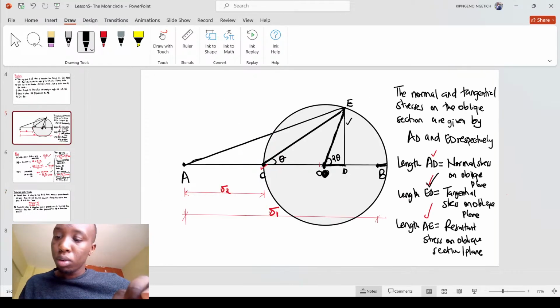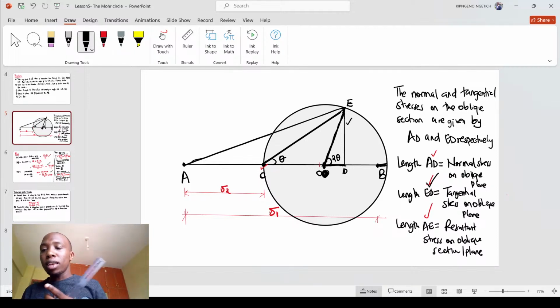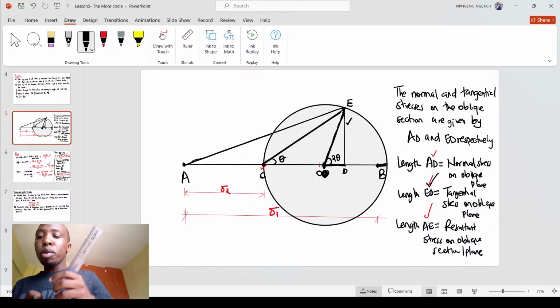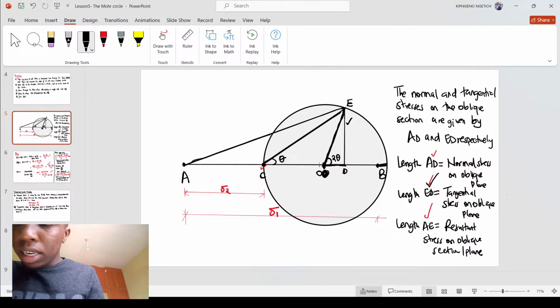What are we saying? We have this line perpendicular to ED. It will be minimum. When do you think this line ED will be minimum? It will be minimum when it is 0, right here. If we draw a perpendicular to line CB, right here it will be minimum.